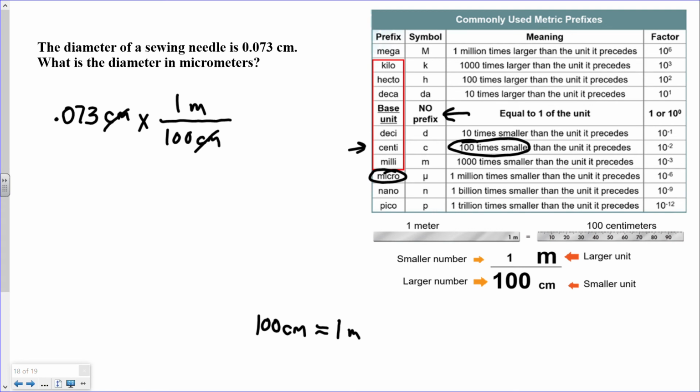Now that I'm at units of meters, I can look at my next conversion factor, which is micro. Micro is 1,000,000 times smaller than a meter. So what we can do here is say that there are 1,000,000 micrometers in 1 meter.